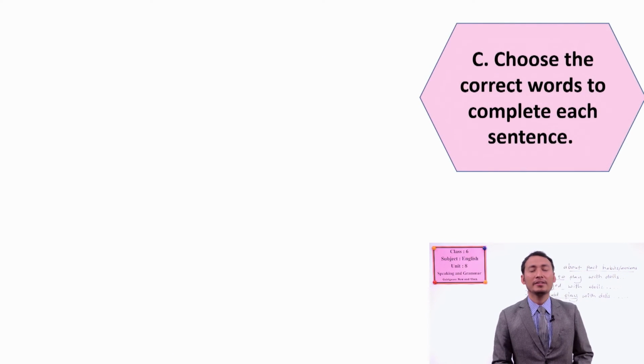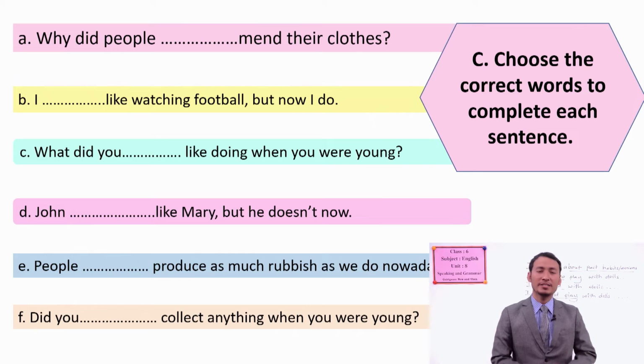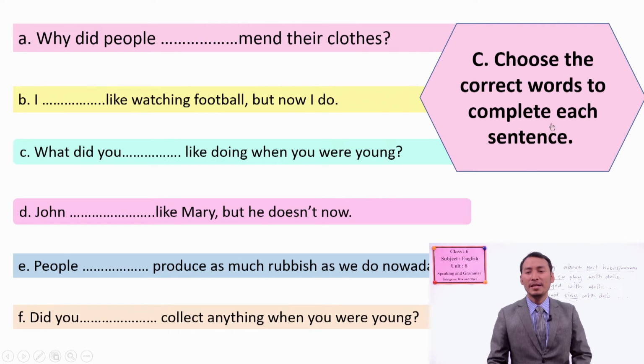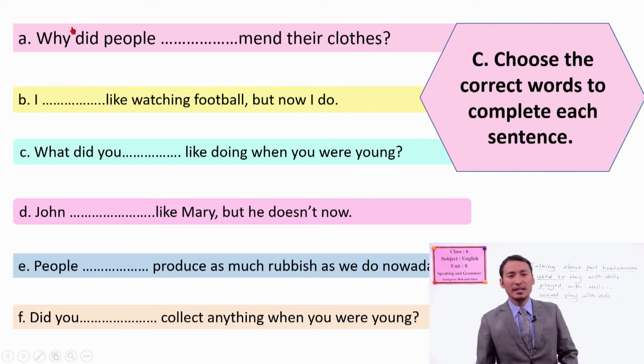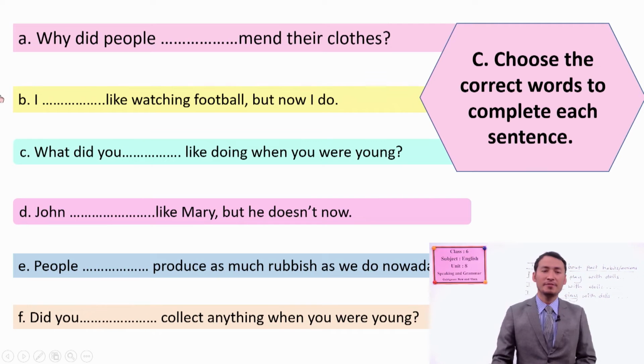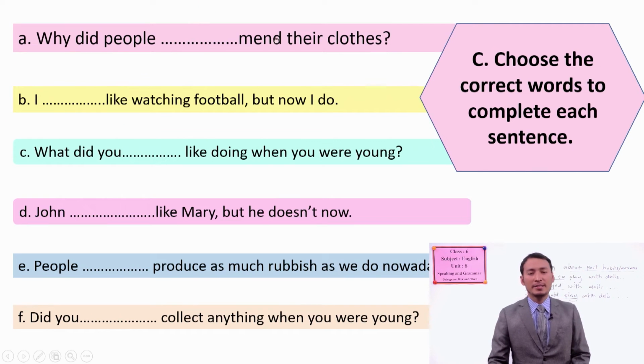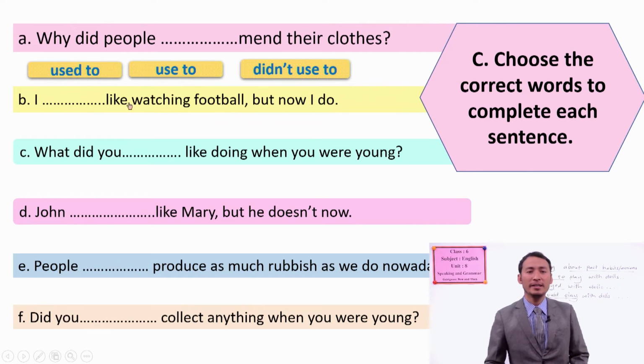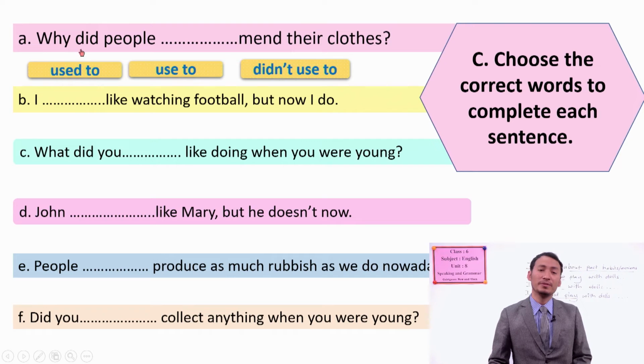Now let's see another task from the grammar section, that is choosing the correct words to complete each sentence. Here is the list of sentences from A to F. You are asked here to choose the correct answer. The options are here: used to, didn't used to.